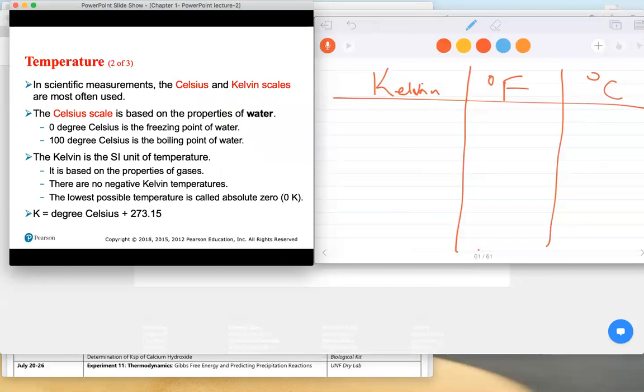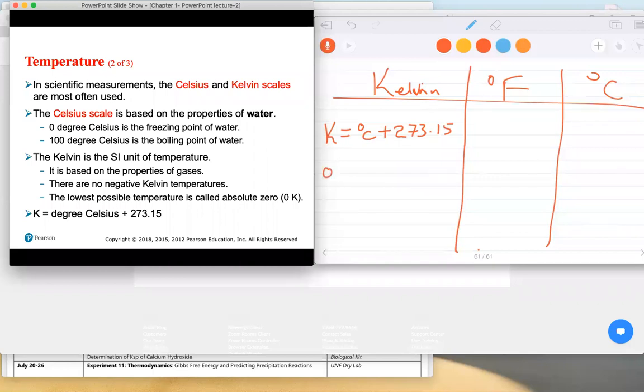And to change from one system to another, I know you know how to change degrees Celsius to Kelvin. Kelvin is given by degrees Celsius plus 273.15. Sometimes they only have 273, not 273.15.